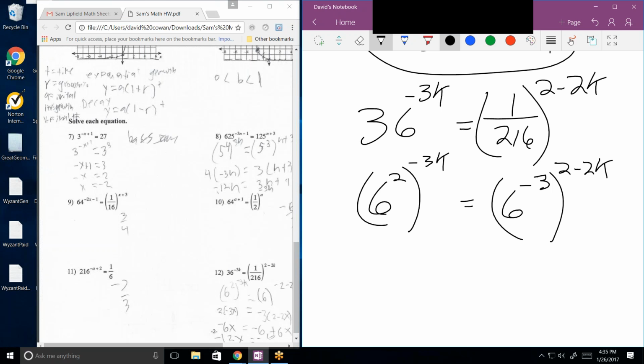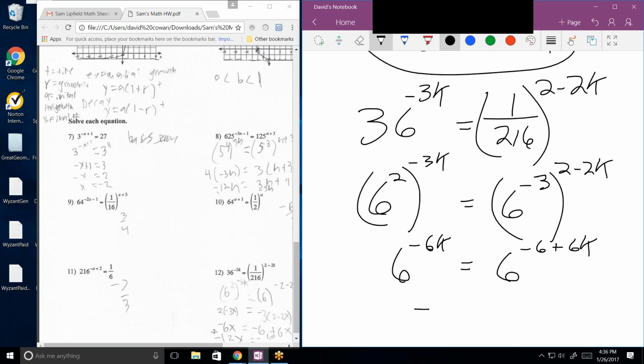It's 6 to the negative 6k equals 6 to the negative 6 minus 6k. And the next line?